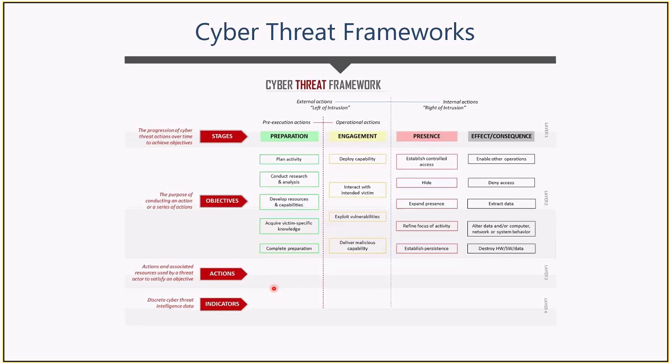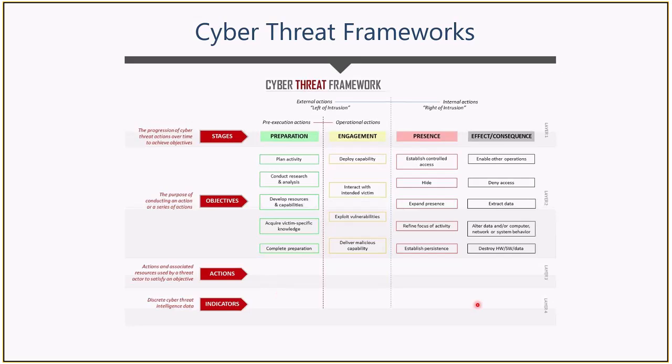And then down here on layer 3 is where we get into the actions. These are the actions that the adversary will do in order to achieve the objective during that stage of the cyber attack life cycle. So these actions would align to the techniques area of MITRE's ATT&CK, or the attack patterns area of STIX 2.0.